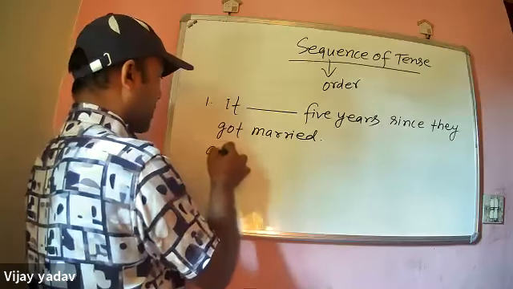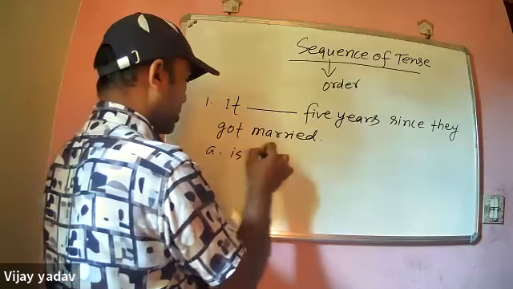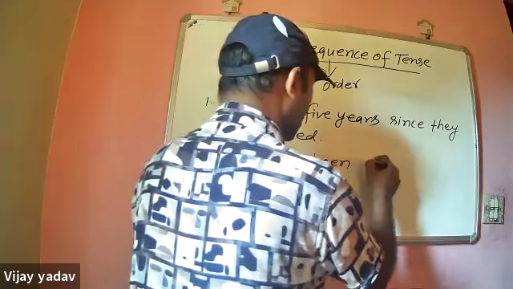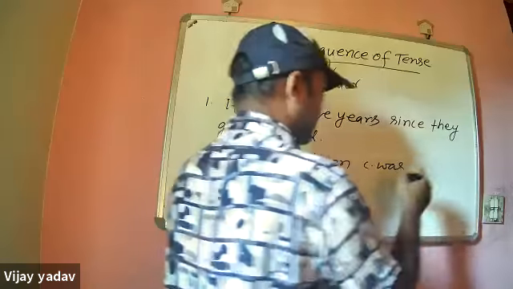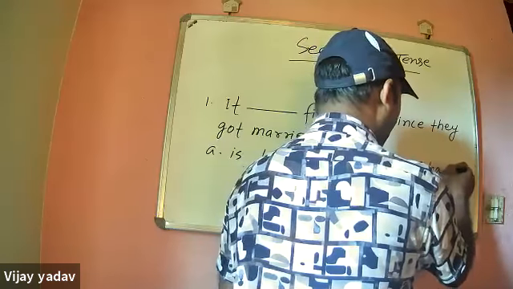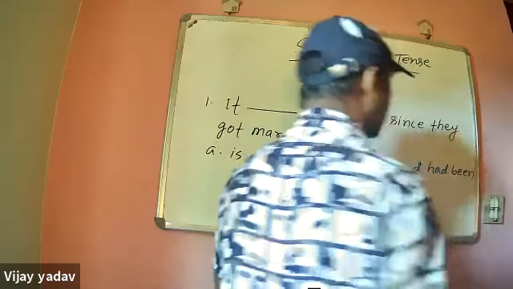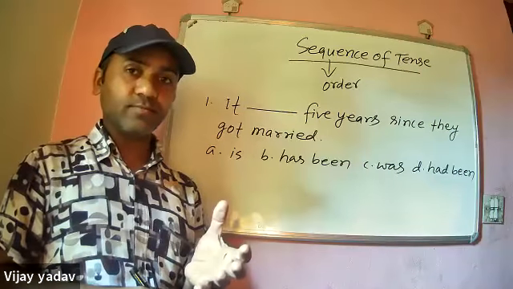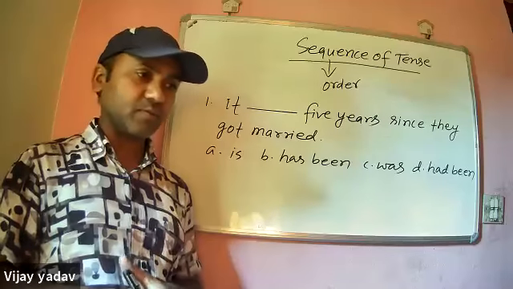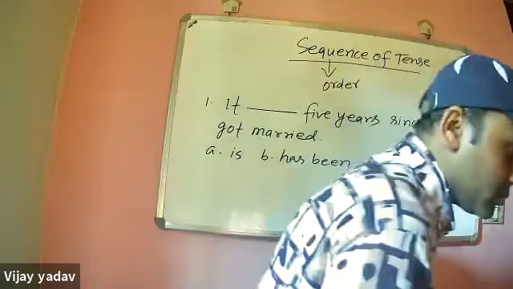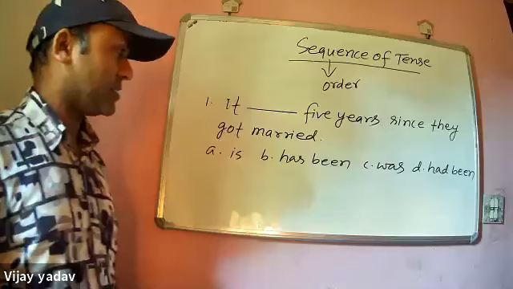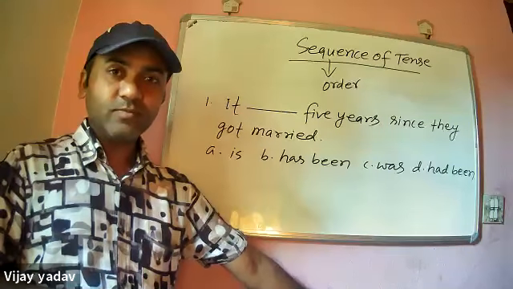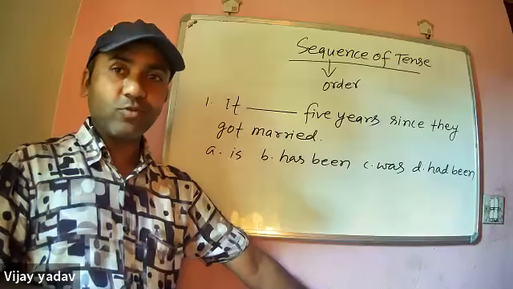Here you have the options: A. is, B. has been, C. was, D. had been. These are the options. So use your common sense and try to select the correct option. So try your best.